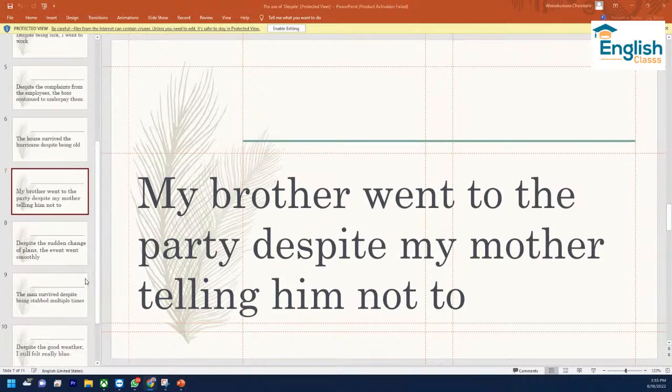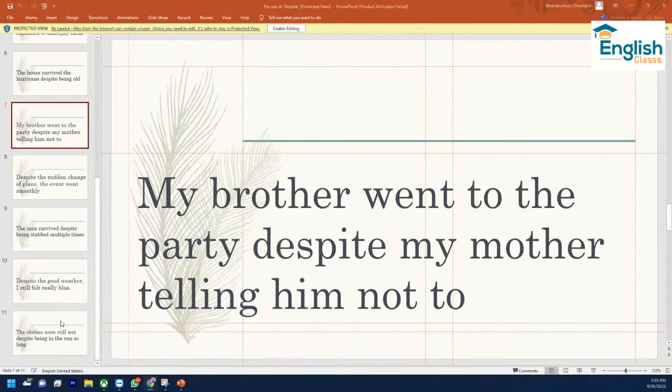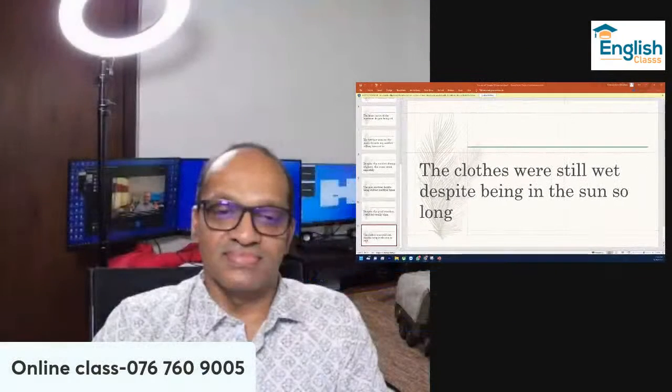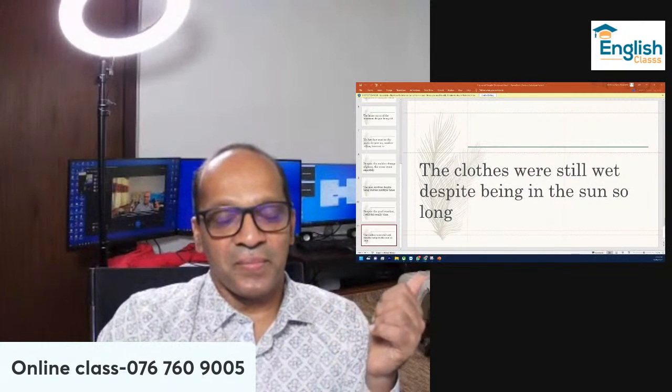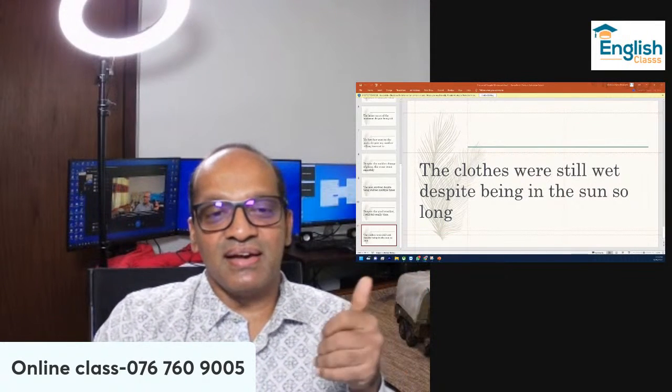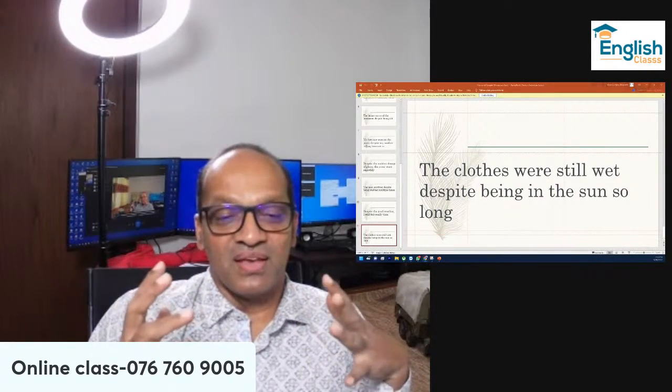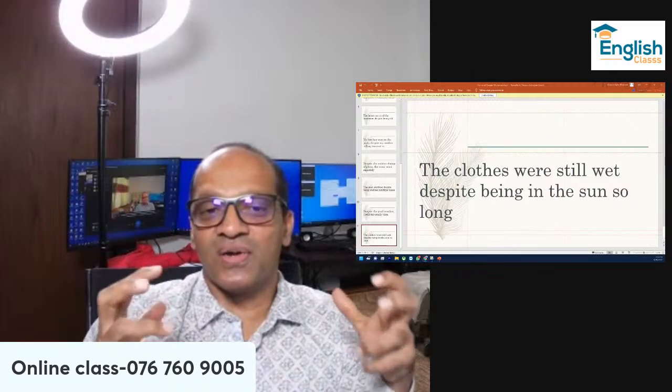Next example. The clothes were still wet despite being in the sun so long. Now you can see two ideas here. They are just opposite ideas. It shows the contrast.